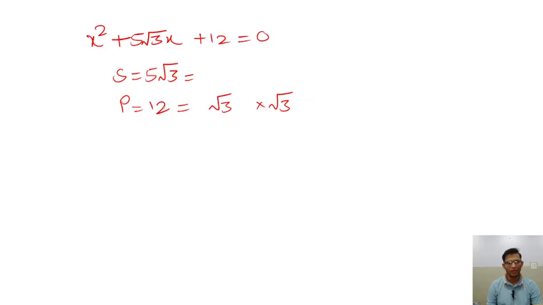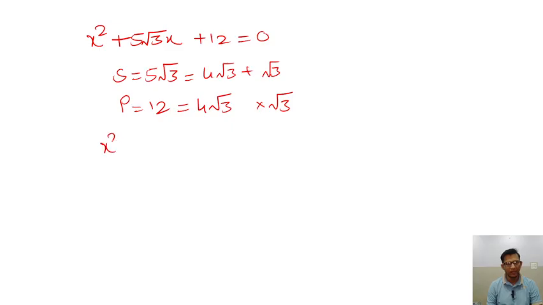The extra term is 4. Okay. Now you can write it as 4 root 3 and root 3. So if I add 4 root 3 plus root 3, it becomes 5 root 3. And if I multiply 4 root 3 into root 3, it becomes 12. Okay. So these two conditions are satisfied now.